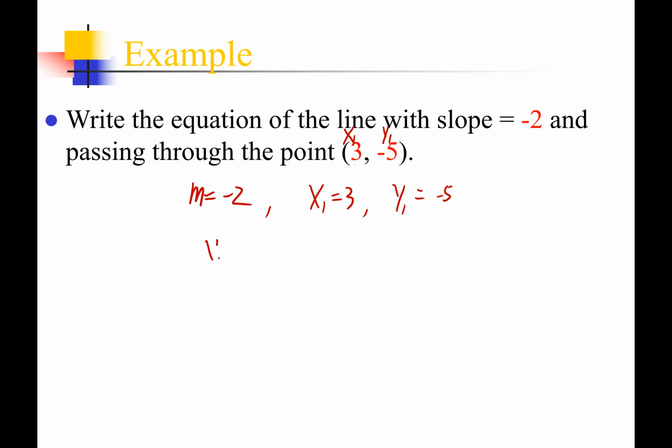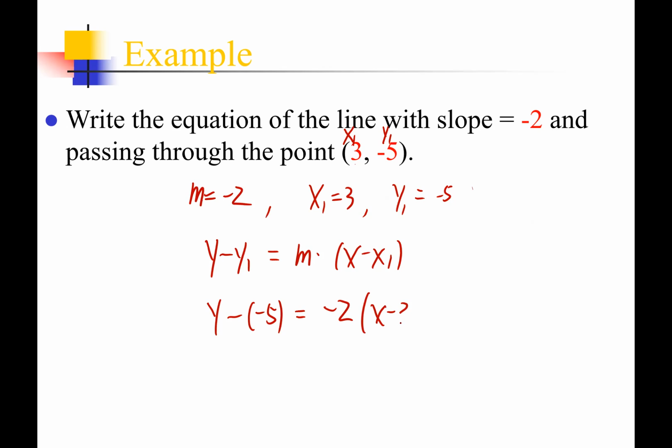So very quickly, y minus y1 equals slope times x minus x1. And we throw in all the numbers, we get y minus -5. Here, y1 is -5. The only tricky thing about this is the sign, right? Just be careful about the sign. Make sure you write down all the signs needed. And the slope is -2, times x minus 3.